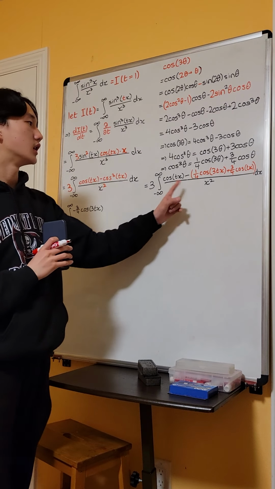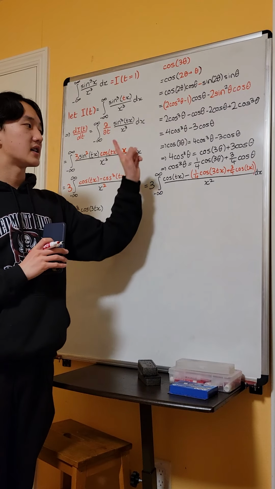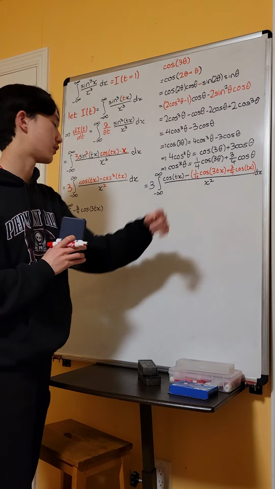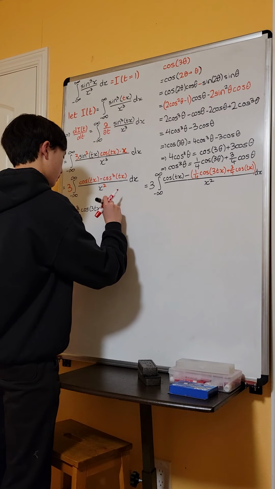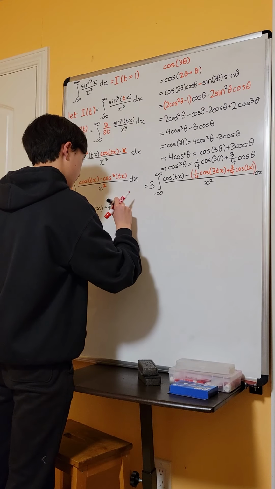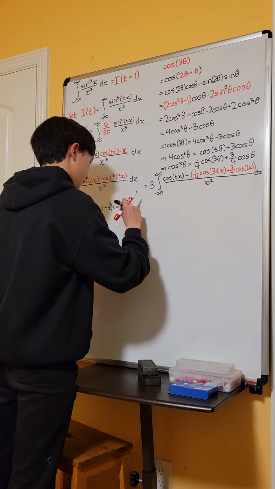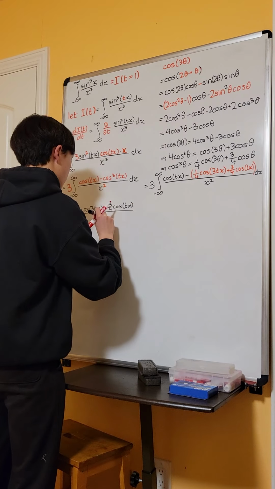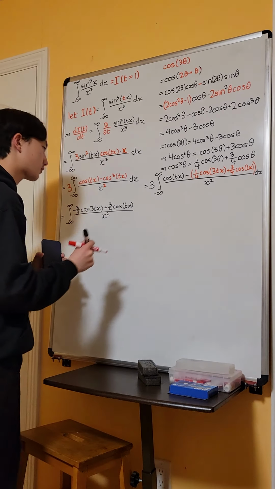Here, distributing the negative, one of these guys minus 3 over 4 of these guys gives you 1/4 of those guys. And then distributing the 3, of course, you get plus 3 over 4 cosine of tx, all over x squared dx.